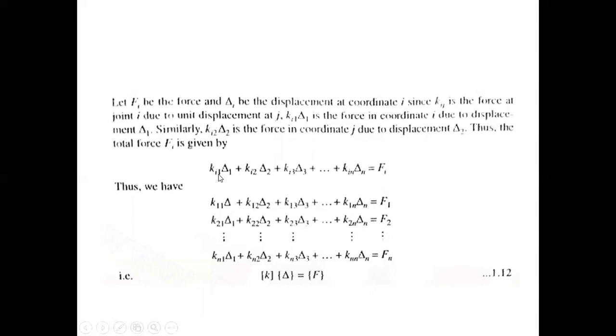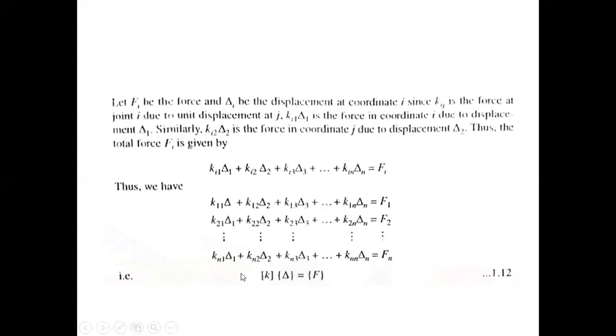So k1i multiplied by delta 1, and all such terms will be given as f1, f2, fn, and we will make this a set and put it into a matrix. Then the matrix K multiplied by matrix delta will be equal to matrix F, that is the force matrix. And this is the stiffness equation.